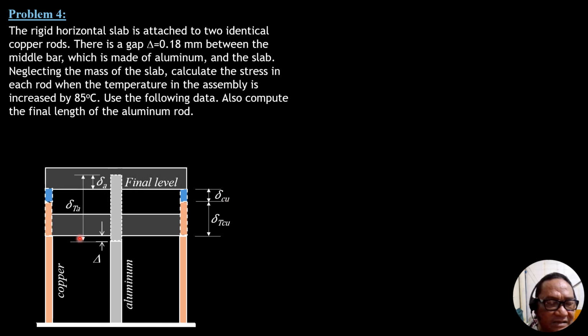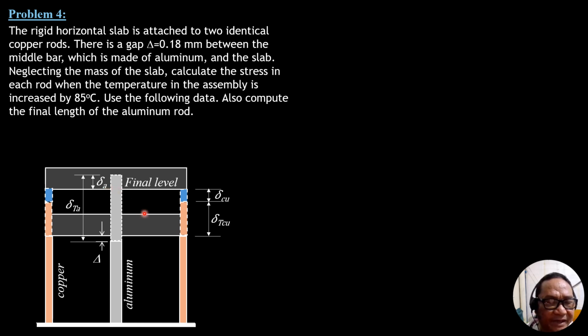Then this is deformation due to temperature expansion in the aluminum rod. Then it goes back to this final level, deformation due to stress, compressive stress in the aluminum bar.